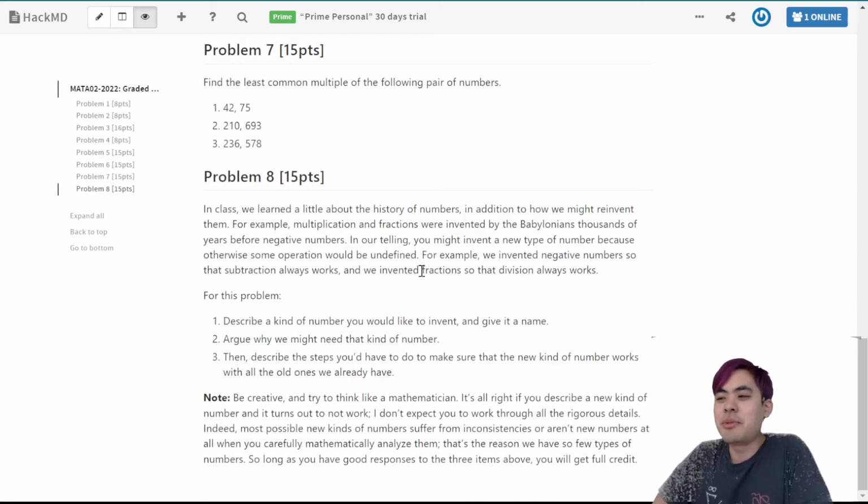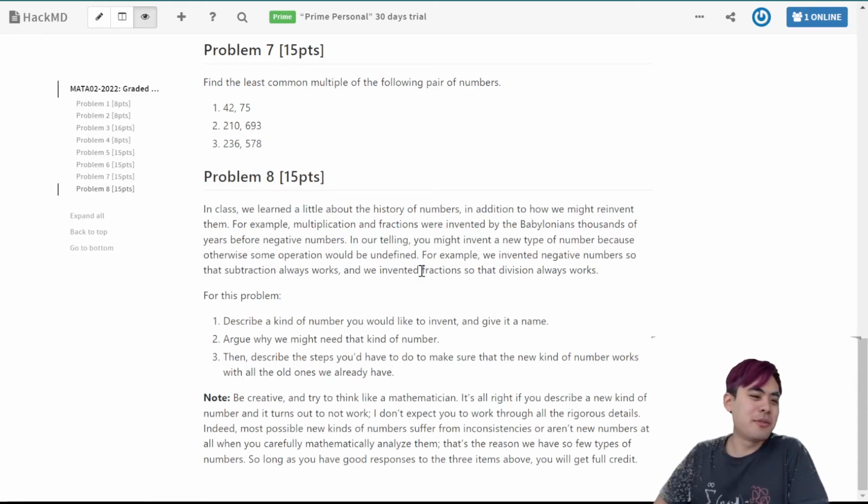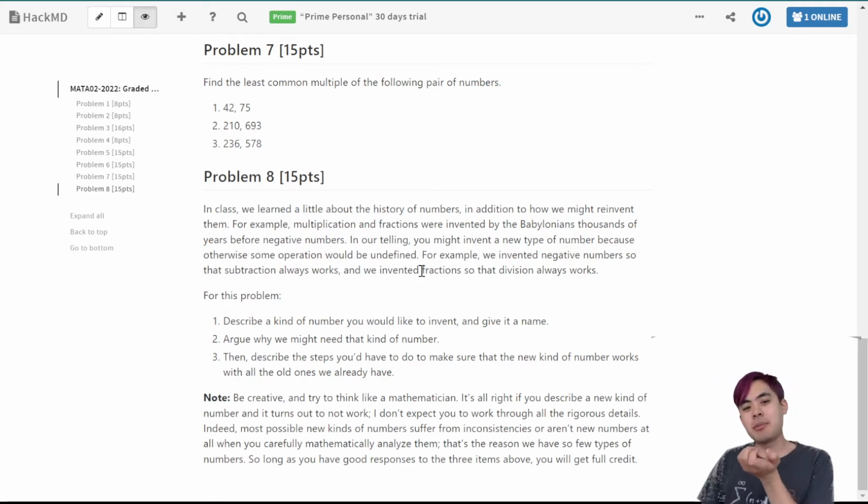How creative? I want you to invent some numbers. Be creative. The answer to this is I want to get you to try to think like a mathematician.